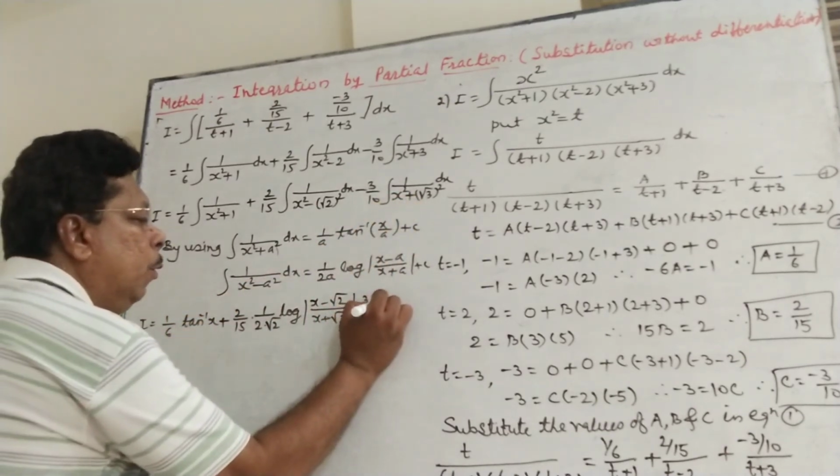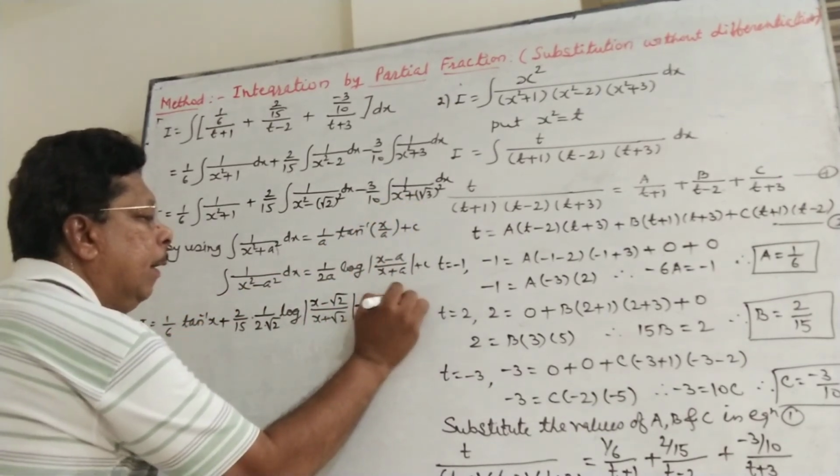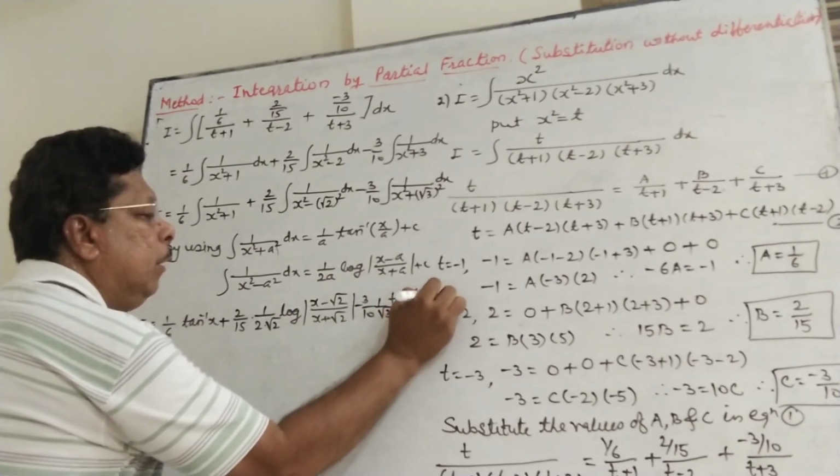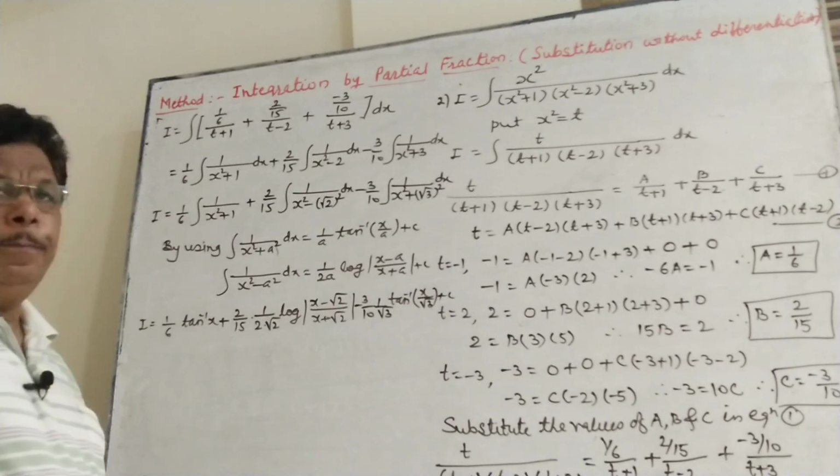So 1 upon root 3 tan inverse x upon root 3 plus c.